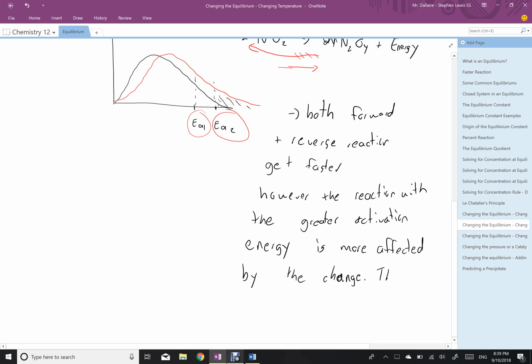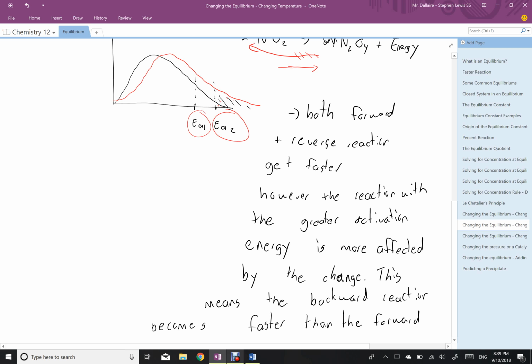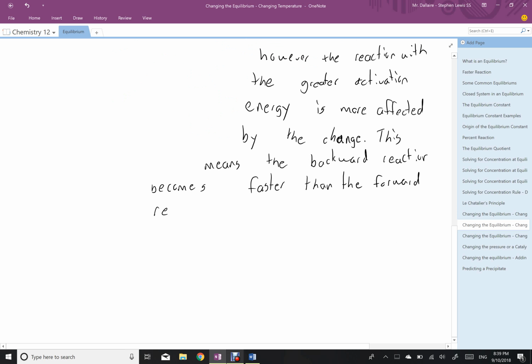This means the backward reaction becomes faster than the forward reaction, shifting the equilibrium.